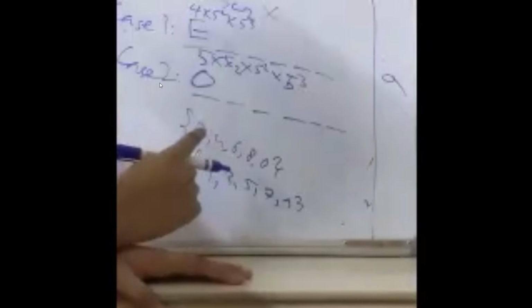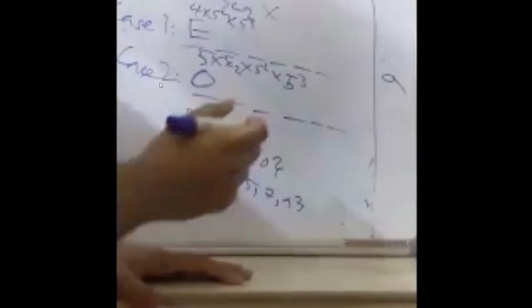These 2 odd numbers could be any of these 5 digits, so we have 5 square. And for the 3 even digits we have 5 cube, because they could be any of 2, 4, 6, 8, 0. So if you add this with this, we get the desired answer.